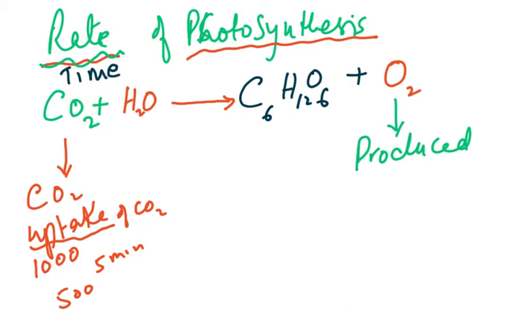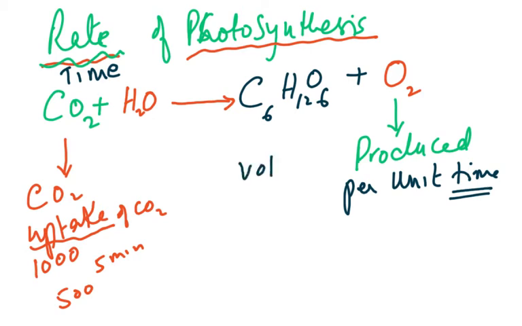So the oxygen produced per unit time, how much oxygen is being produced per unit time? Is it 10? Is it 20? Is it 30? Is it 50? Is it 100 per second or per minute? So the volume of oxygen produced per unit time. So we can study that, and that would give us the rate of photosynthesis.